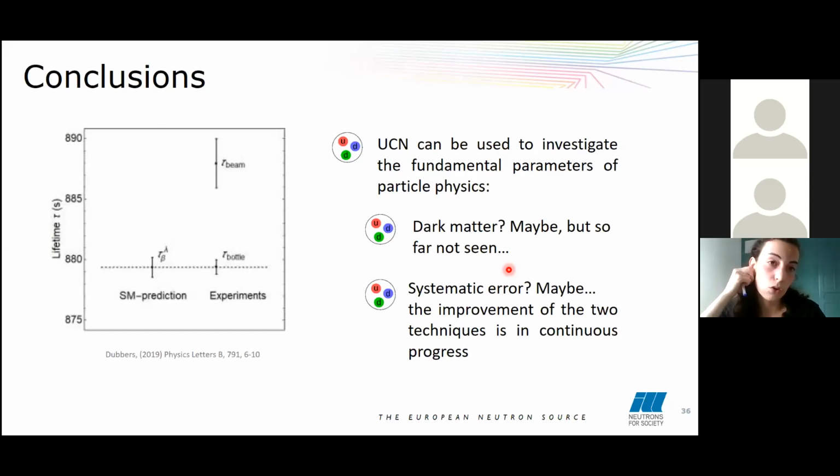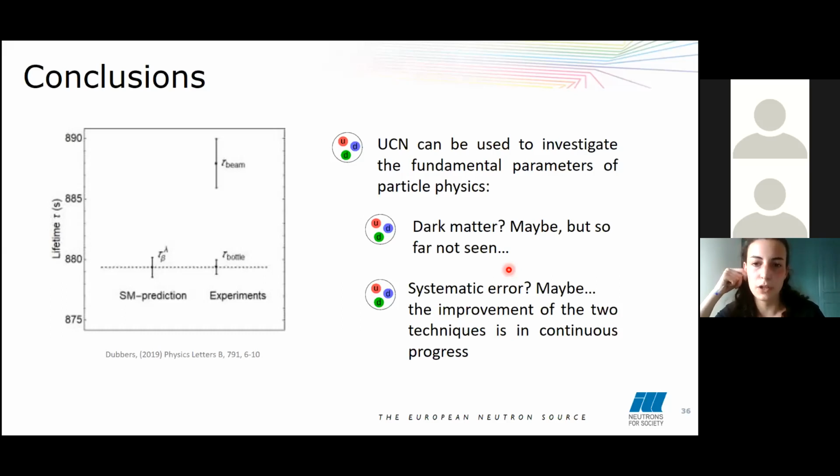In conclusion, I would say that the most popular opinion now is that the bottle measurements are closer to the real lifetime, and that a dark branching region is excluded. But also that many groups are trying to improve the measurements, both with magnetic bottles and also by improving the beam method.